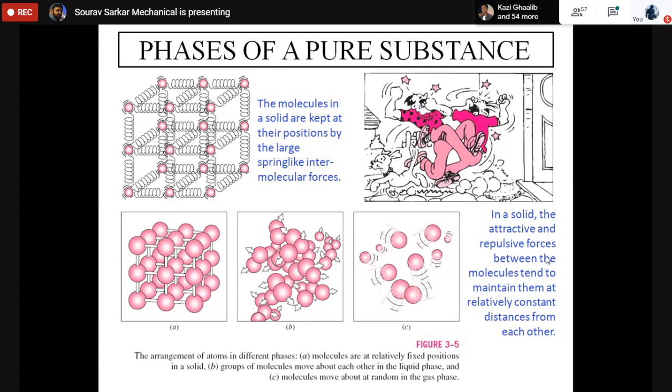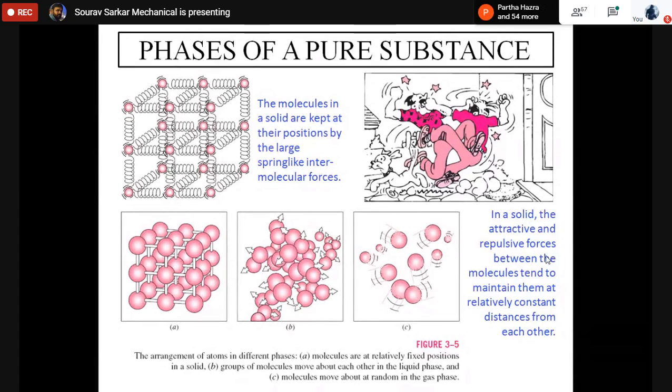The liquid water is basically one phase, and the vapor is another phase. There are two phases. One phase is the liquid and the second phase is the vapor.